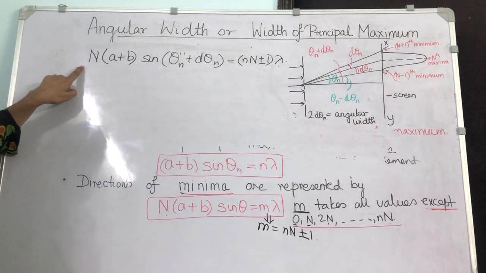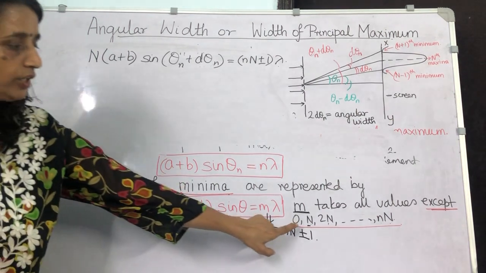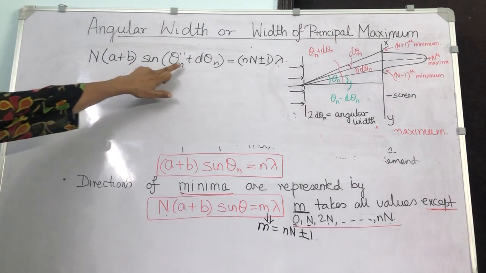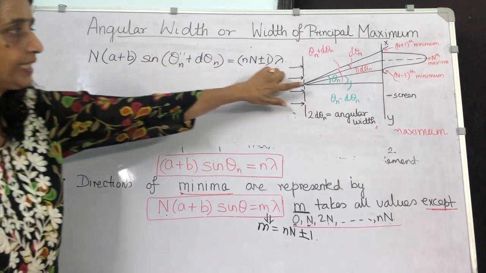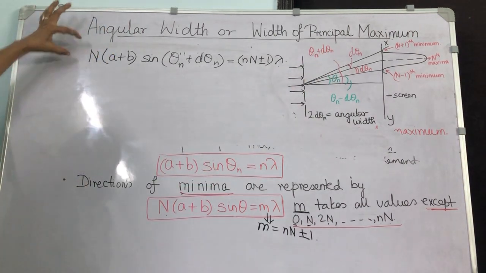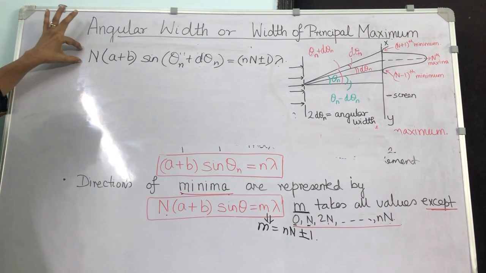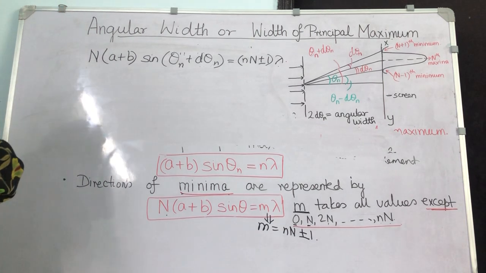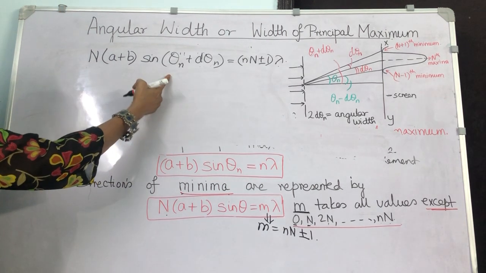This expression will not hold true for the values 0, N, 2N, etc. up to nN. Here we have θn + dθn in the direction of the first minimum. We will now solve this expression.